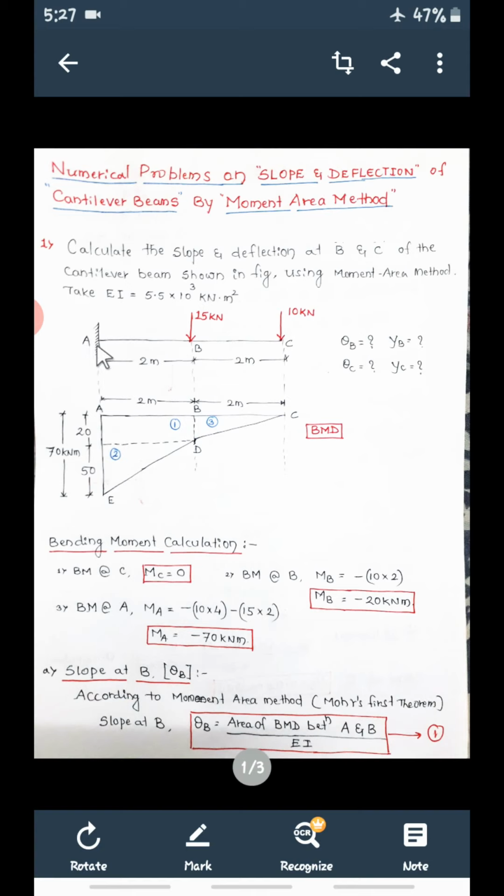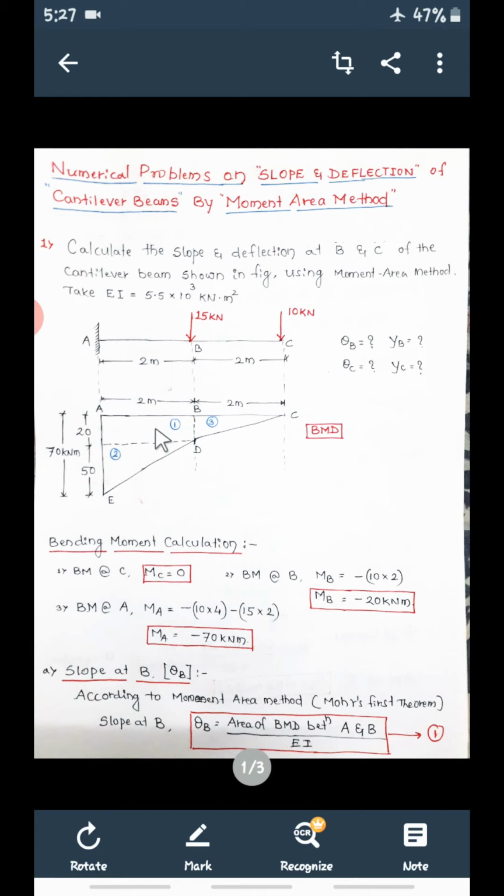So consider the area between A and B. Consider the area of bending moment diagram between A and B. Now see, this is point A, this is point B. So what is the area between these two, A and B? Area 1 and area 2. So we are considering this portion. So the area between A and B is A1 and A2.